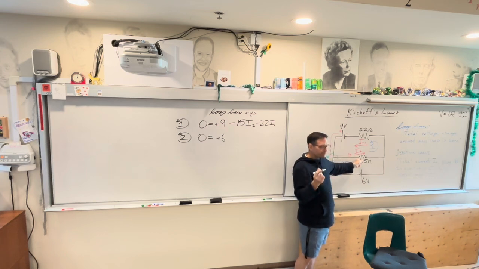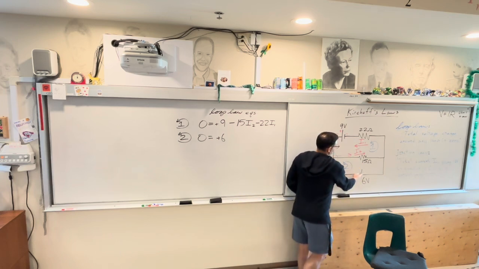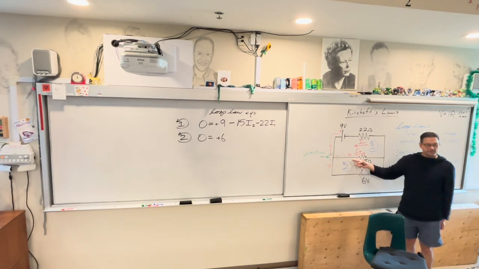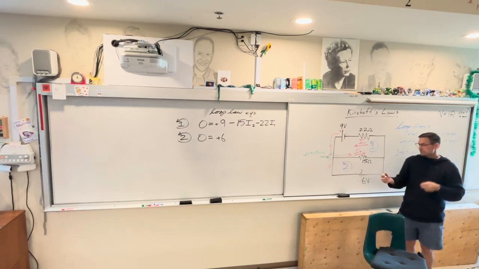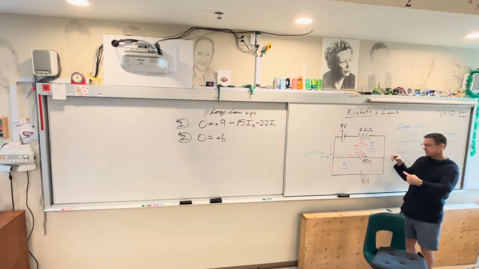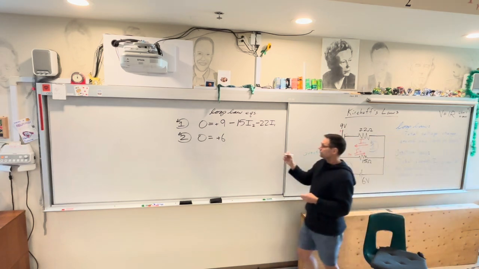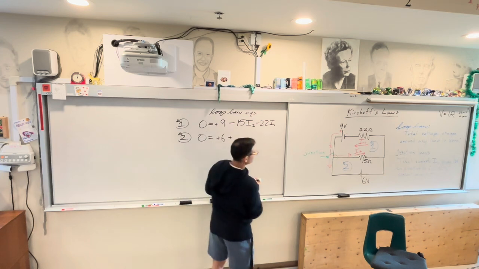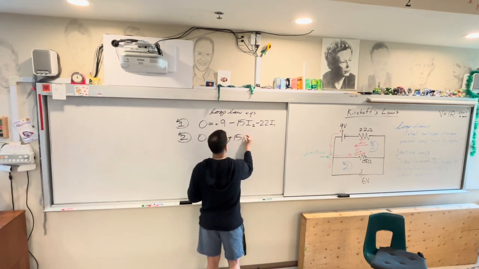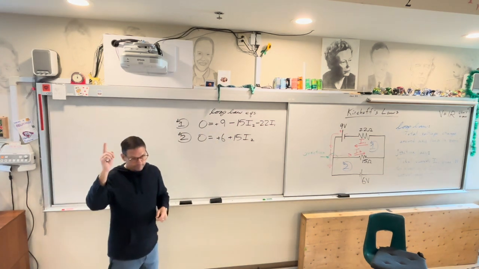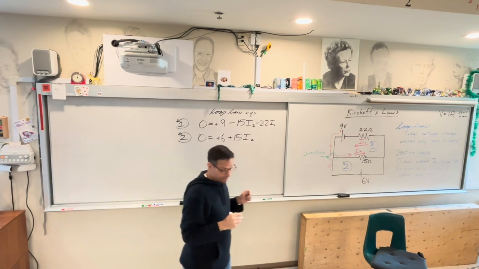So you would make it negative 15, except for the fact that our loop is going this way, and we've said the current is going to the right. That's the opposite direction. So we have to change the sign. So it would be a voltage drop, it would be negative, but it's in the opposite direction, so we're going to make it positive. So we have to say plus 15 I2. Okay. That should raise some alarm bells, but we'll go with it.